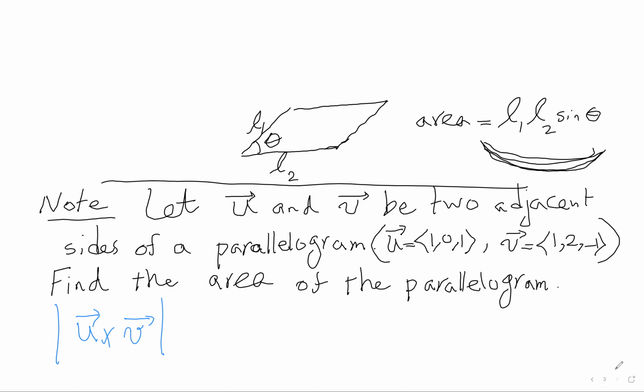To do this, I can find U cross V using the way that we did for finding the cross product of two vectors, and then find the length of that.